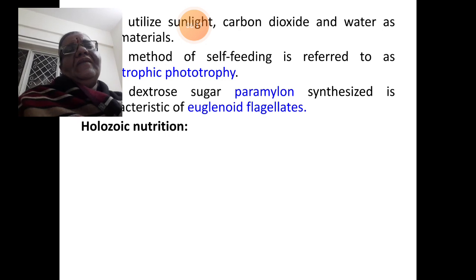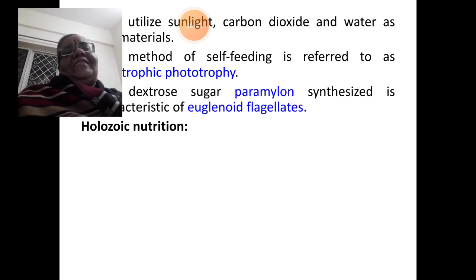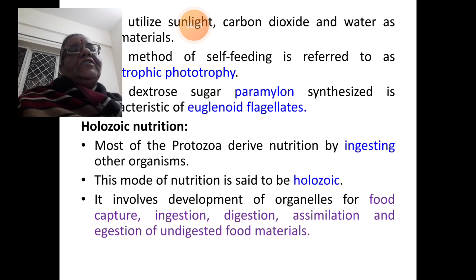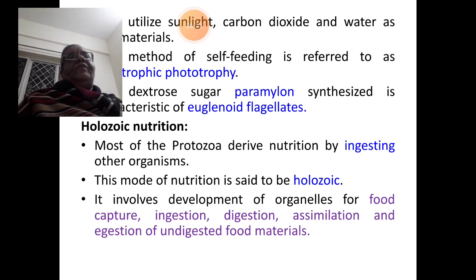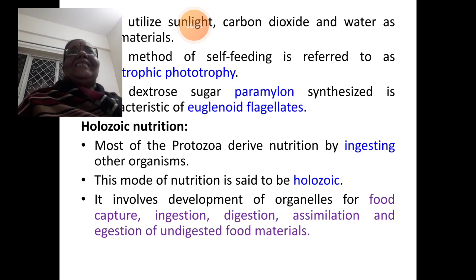Okay, then the second type, holozoic nutrition. What is it? Most of the protozoa which do not have either chloroplasts or chromatophores derive nutrition by ingesting other organisms.